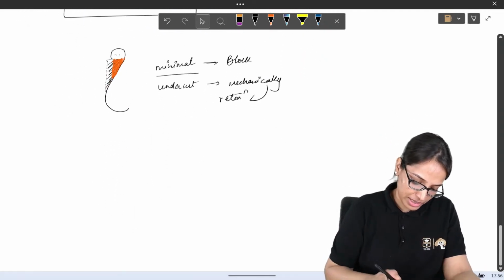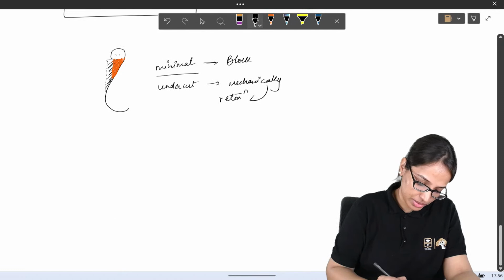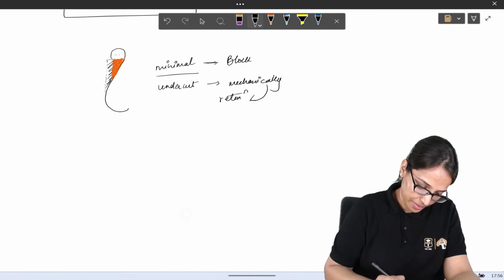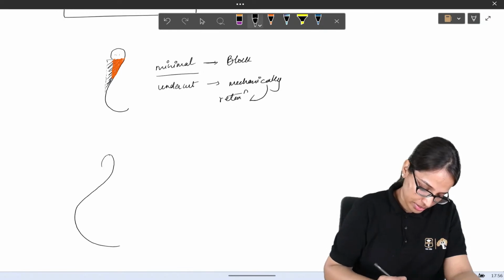But if we encounter a situation, let's draw it out here, where you have a gross undercut, say my undercut is quite deep.